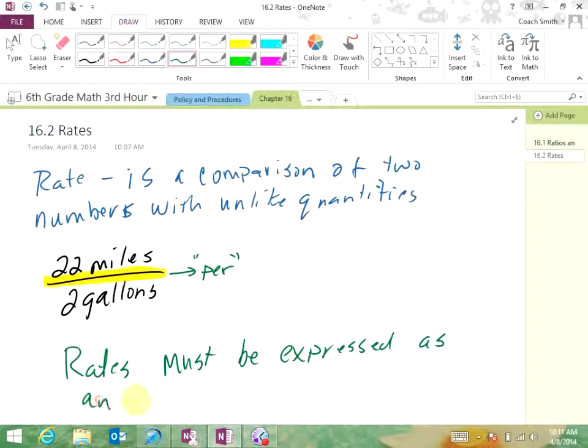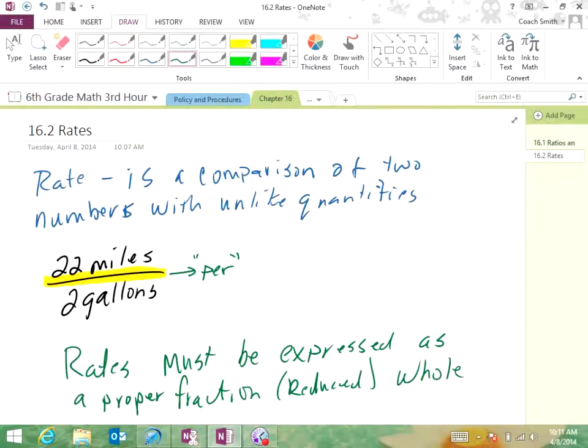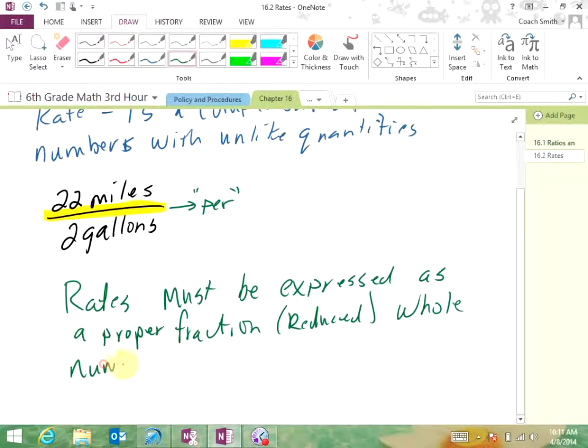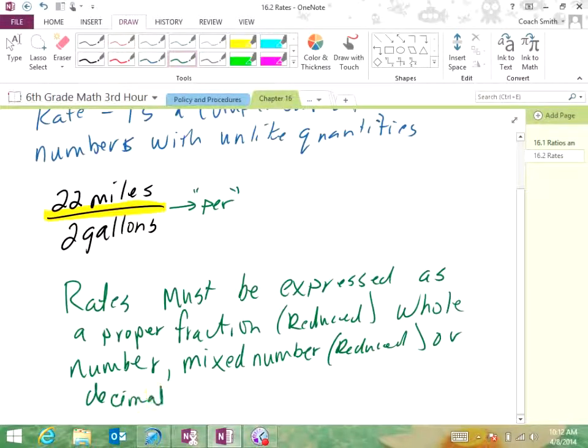Unlike ratios yesterday, rates can be expressed as an improper fraction, or a proper fraction reduced, a whole number, a mixed number reduced, or a decimal.